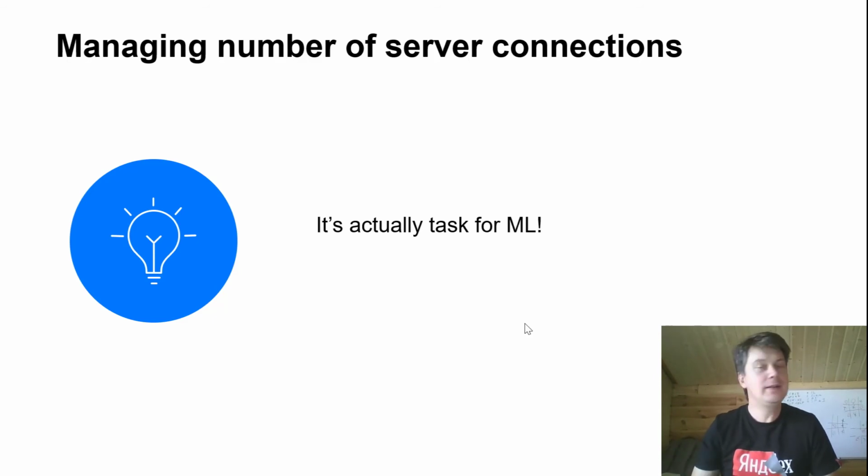But yet we didn't implement it. Currently, you have to tune the number of connections which can be opened simultaneously, and the maximum number of connections allows the maximum number of active transactions running via a route, and a route is a user and the database.